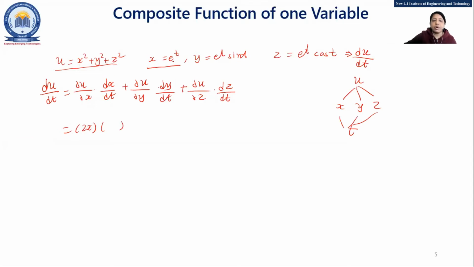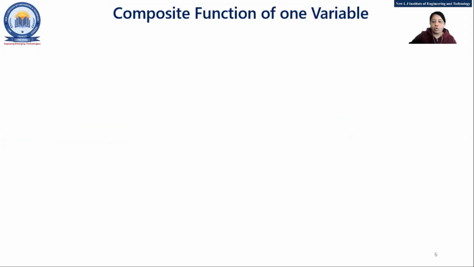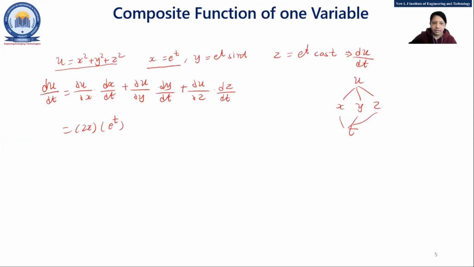So our x is e raised to t, the differentiation of e raised to t only. Plus del u by del y. So x and z will be considered as constants, and del u by del y is 2y. Clear? Or is there any doubt up to this?